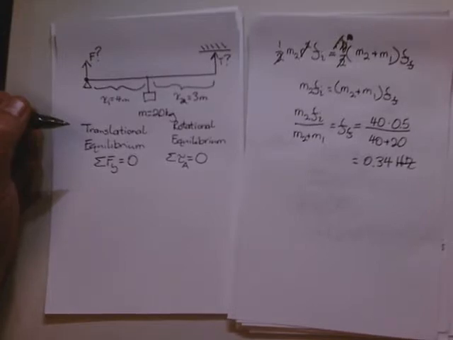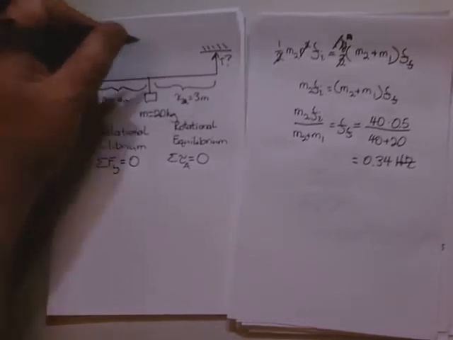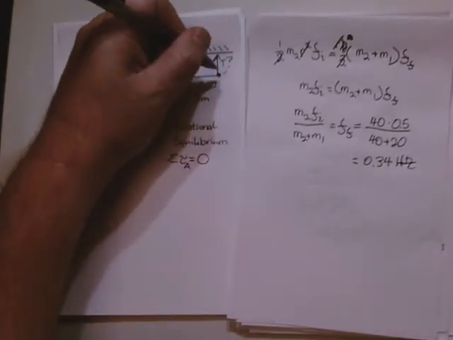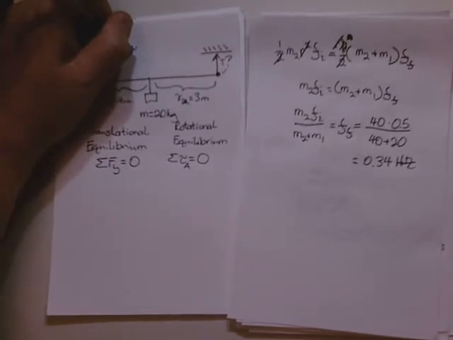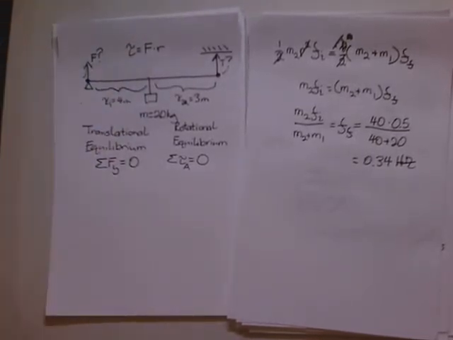Now, what point is A? What I typically do is I could either pick this part or that part. And that's because torque is force times the lever arm.